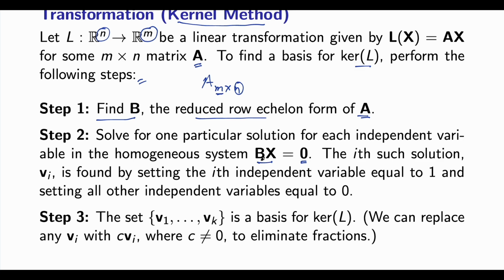The ith solution, let's say Vi, is found by setting the ith independent variable to 1 and all the remaining independent variables to 0. Then the set V1, V2, and so on up to Vk is a basis for kernel L. If you find the dimension of the kernel, that is going to be the nullity, which we will see later. We can replace any Vi with C times Vi, where C is not equal to 0, to eliminate fractions.